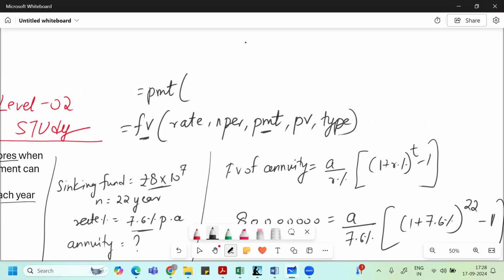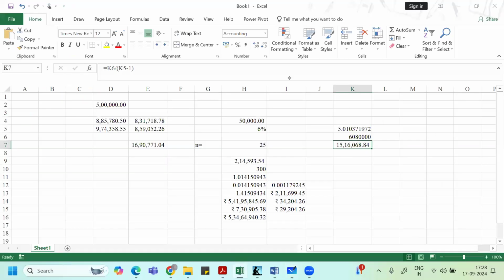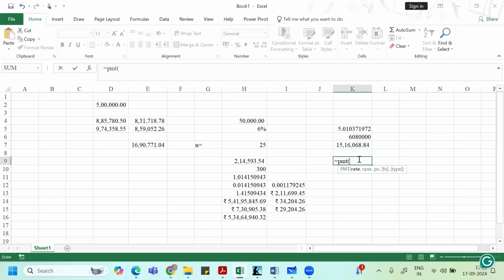So I use the PMT function. So rate, you understand, NPER, you know that. Then PV would be 0, FV would be 8 crore, and type would be 0. Okay, if you just use the formula, you'll get the answer. So here, if I use the PMT formula, rate would be 7.6% and time would be 22 years.